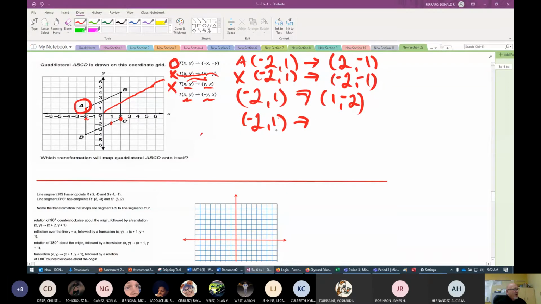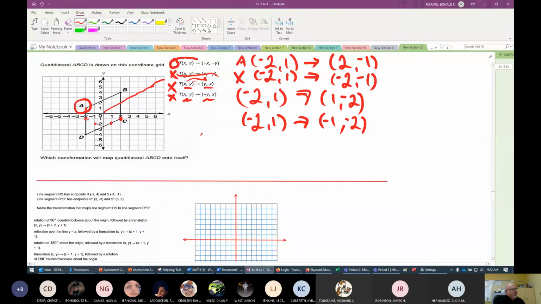So -y, which would be +1, now becomes -1, and x stays the same, but we're moving it to the y coordinate, so it's going to be -1, -2. So I go -1 and down 2, and that is in the center of the quadrilateral, and that doesn't map to one of the vertices. So that one doesn't count.